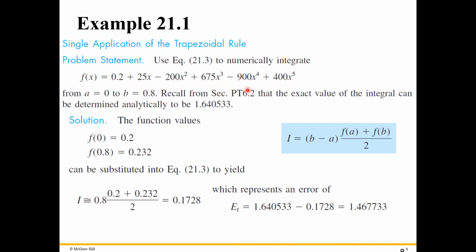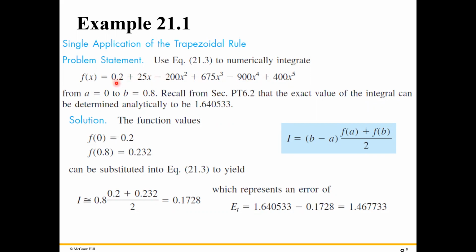That means if we plot this function from x equal to 0 to x equal to 0.8, what will be the area under that curve? We have taken the example in such a way that we know the true value of the integral, because this is a polynomial, so we can integrate it.